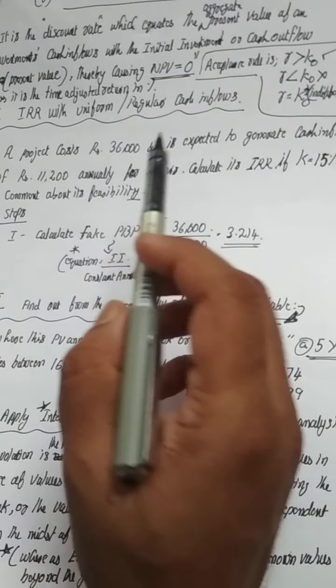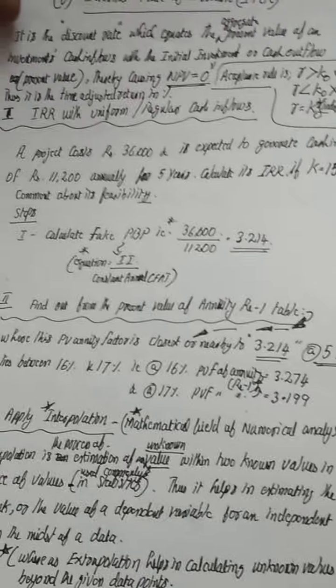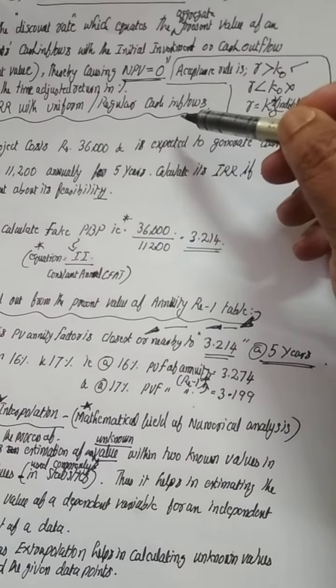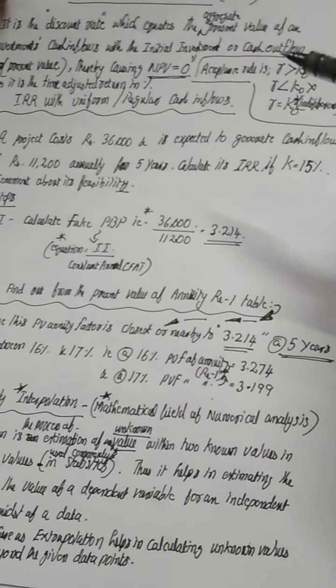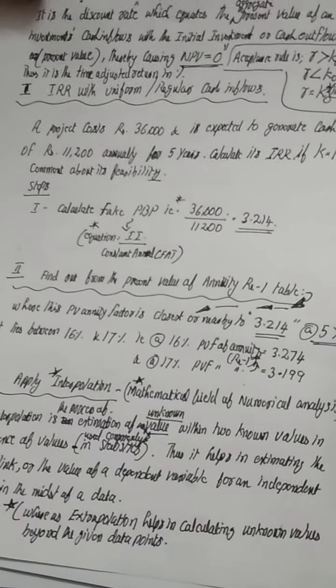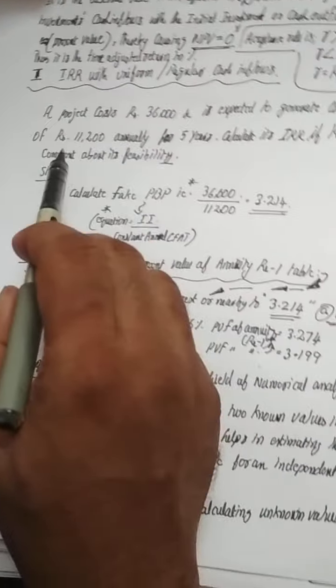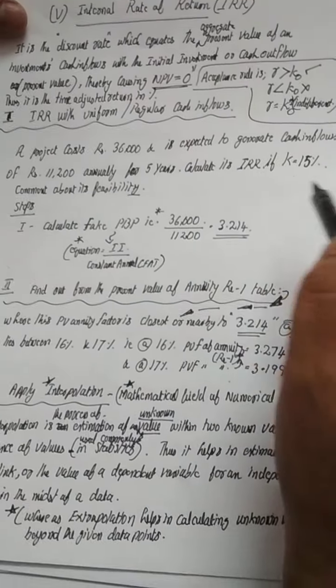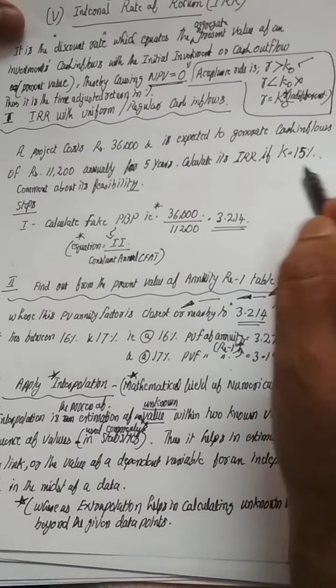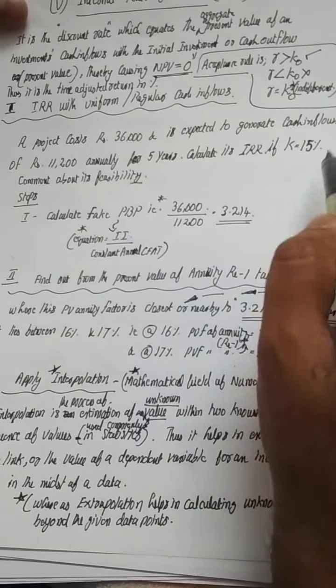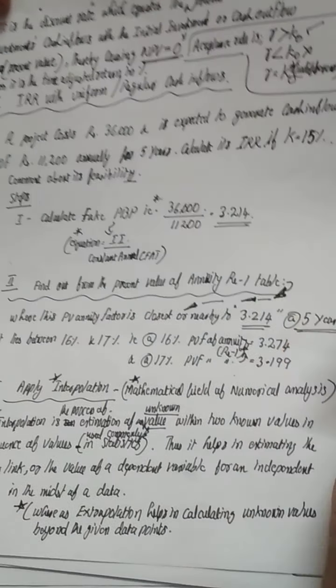Okay, let us see. Two types of problems are there. First problem is with regular cash inflow, and the second problem I will be dealing with irregular cash inflow. Unlike the other discounting techniques, here the rate of or cost of capital will not be given.